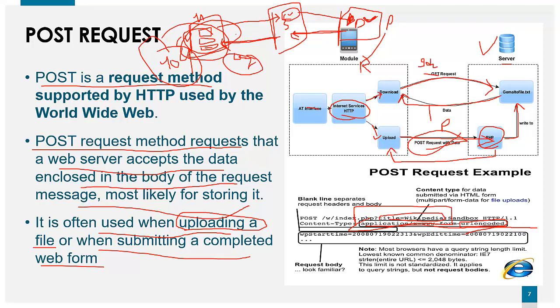If data is inserted, it will send us the response 200 and all data in the file. If data is not entered, it will give us some error, and our file is not uploaded in the database. So this is our POST request.